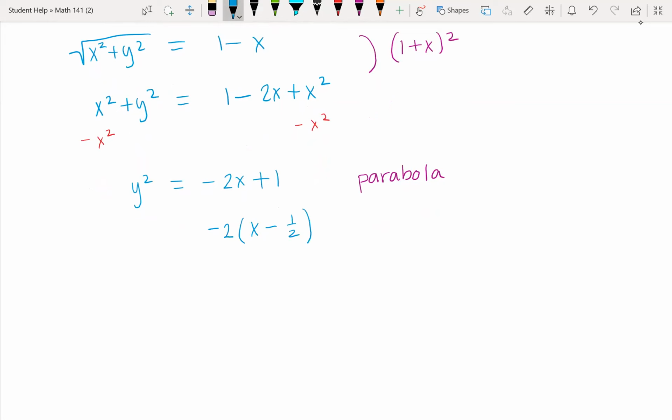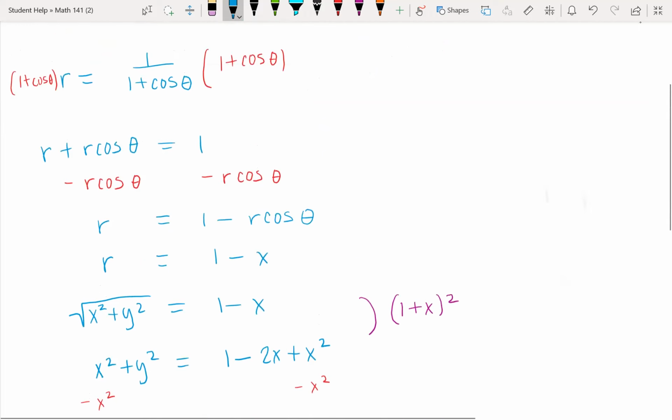I would do negative 1/2 times negative 2, that'll give me positive 1, right? And so now I can see that the vertex in this case is 1/2 coming from the right-hand side and 0 coming from the left-hand side. This matches the vertex that we found when we were looking at this in terms of polar. So this is the rectangular version. The polar version is 1 over 1 plus cosine theta.